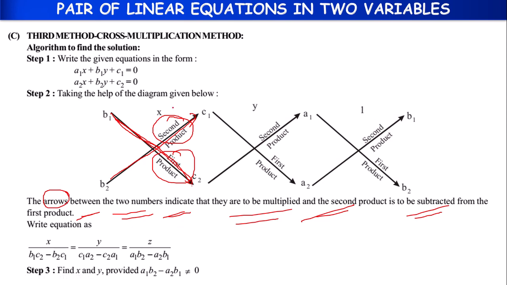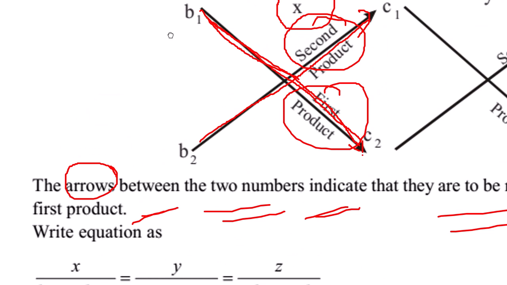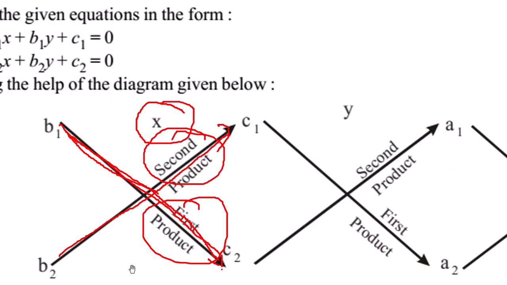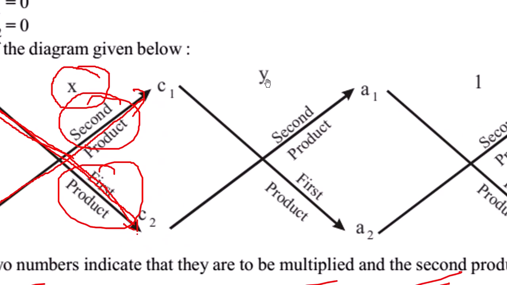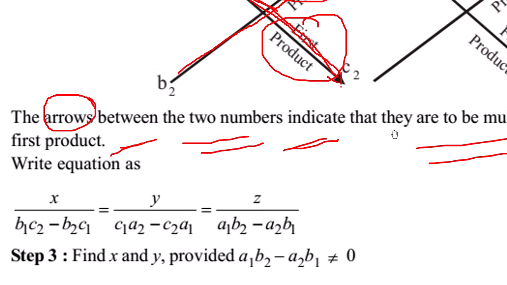And when we have closed the x term, we are getting these products. So we have to write it as x by b1 c2 minus b2 c1. In the same way, y by c1 a2 minus c2 a1.